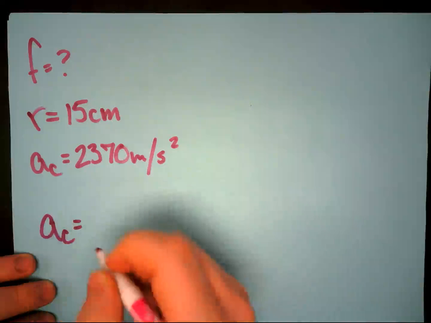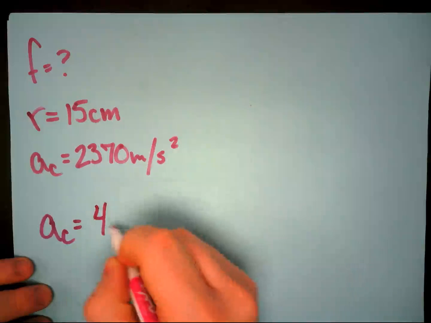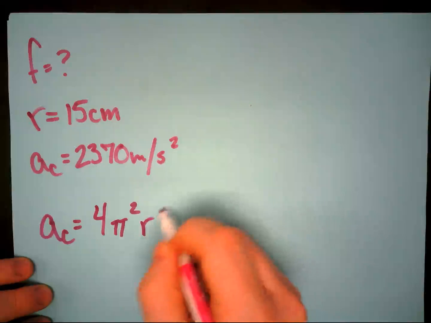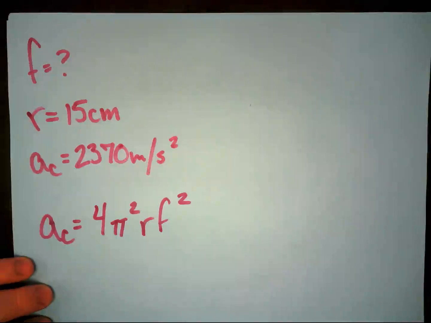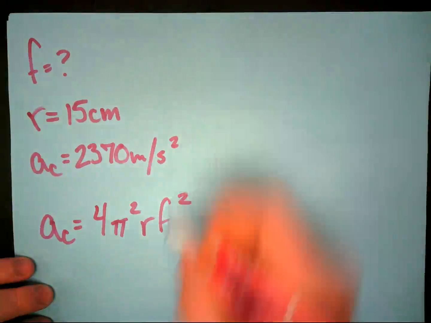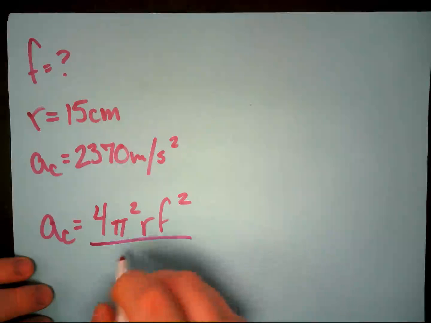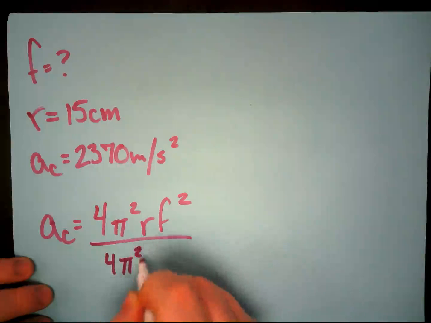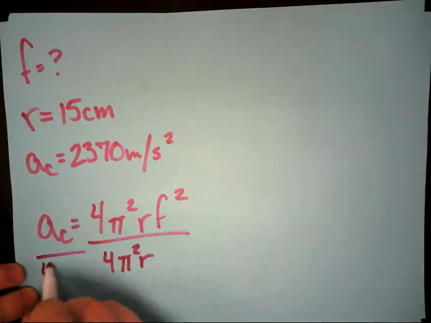To write out our equation, it's 4 pi squared radius frequency squared. We just have to arrange this to solve for frequency. It seems intimidating, but really it's not all that bad. We just divide both sides by 4 and all this good stuff.